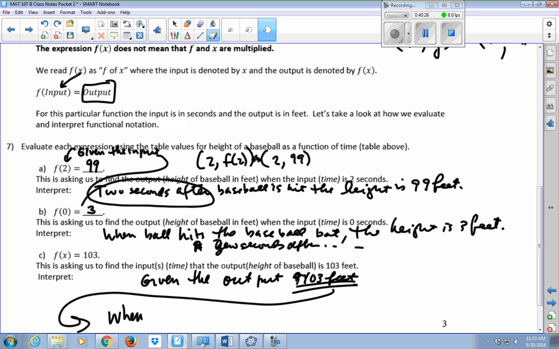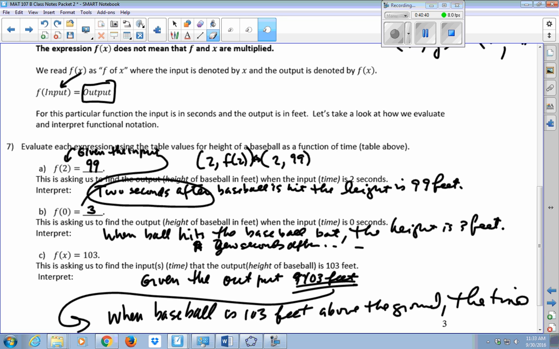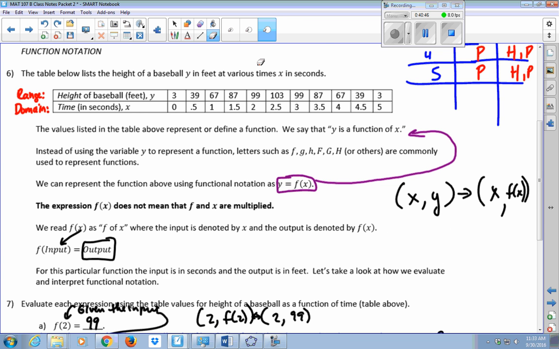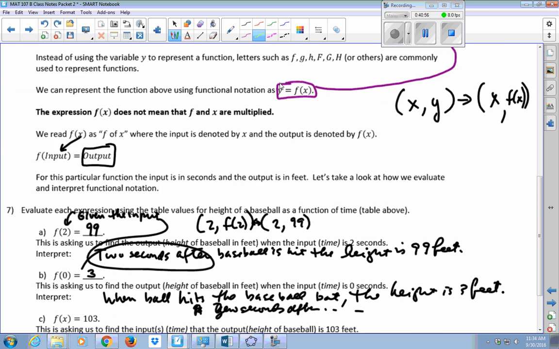When the baseball is 103 feet above the ground, the time would be what? At what would the value of the time be? 2.5 seconds. You go up here and now you focus on your output of 103 right here. 103 happens at 2.5 seconds.